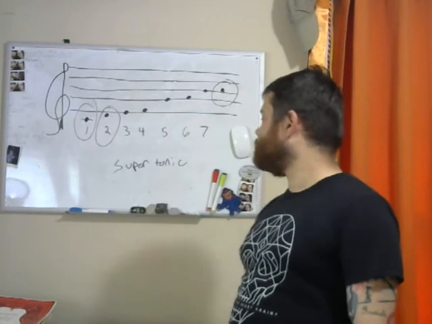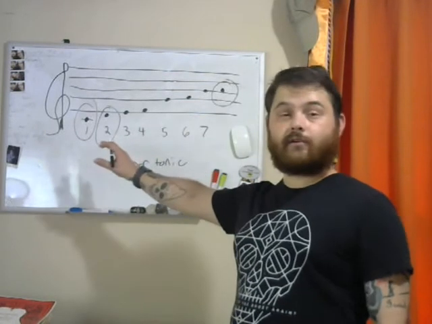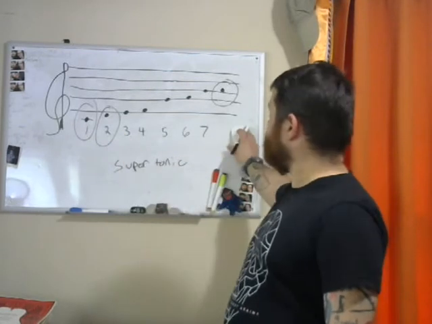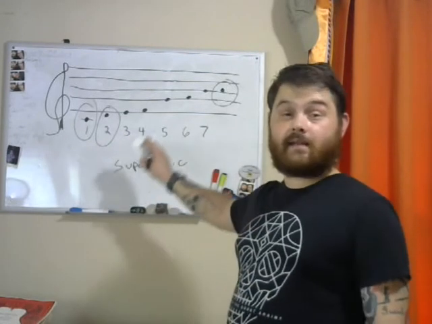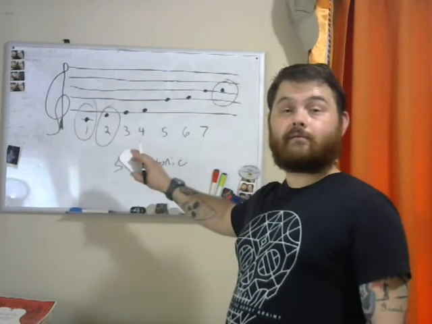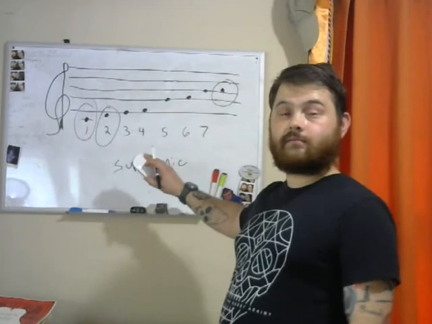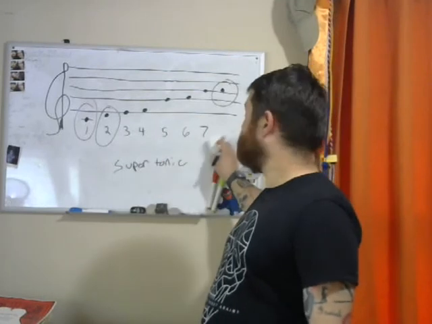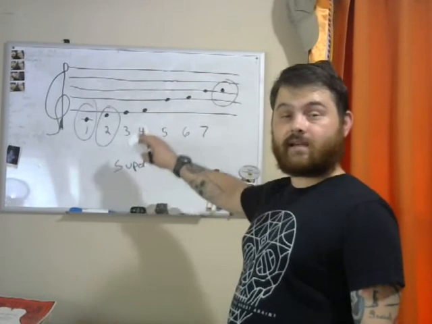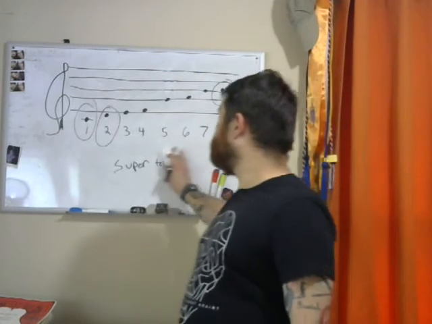But for now, just know that the second scale degree, the D, is a supertonic. This applies to any scale: major, minor, any form of minor, or any other types of scales. We'll get into that.